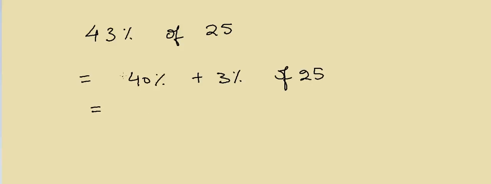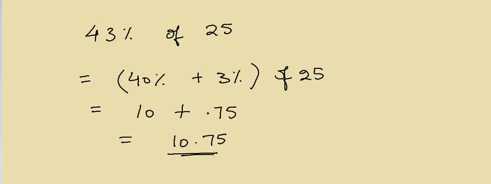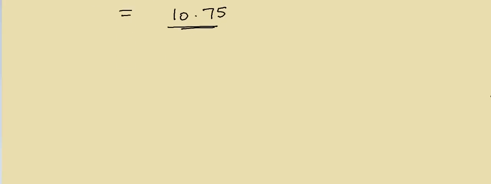So 40% of 25, so 4 times 25, that is 10, and 3%, so 3 times 25 is 0.75. So the answer is 10.75. So it's how you work or imagine these numbers in your brain. If you practice, you should be able to quickly do that.